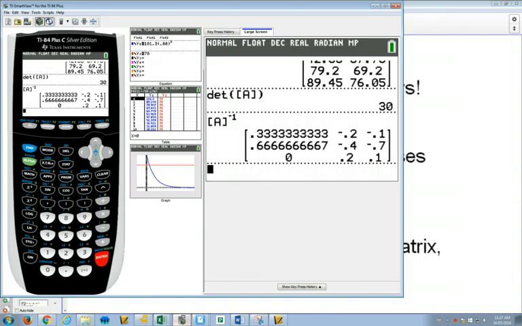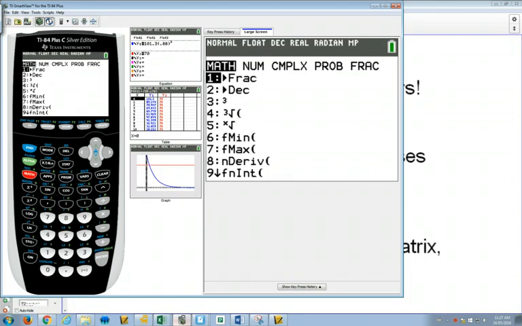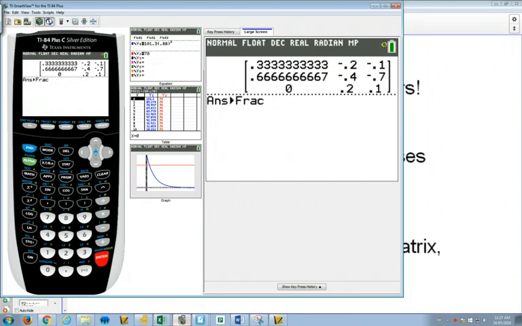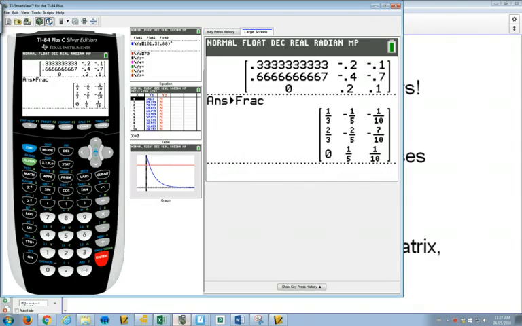You can take that answer and change it to a fraction so that all of your answers are fractions. Then you'd have to use your arrow keys over to see the rest. So it's just using this -1 button, which is to get your inverse.